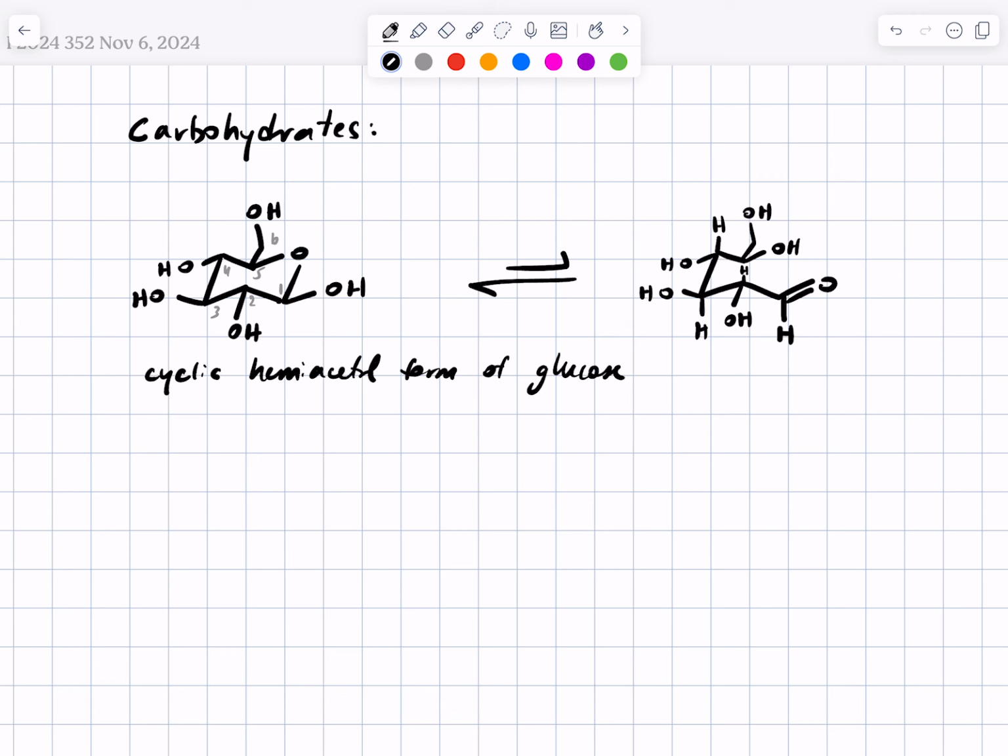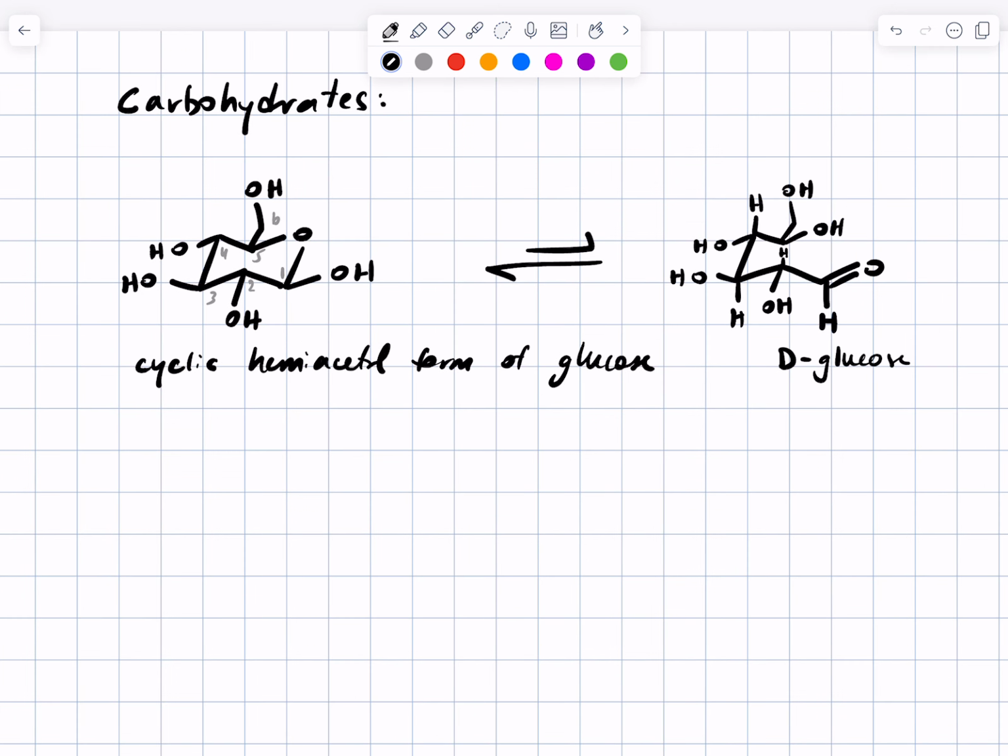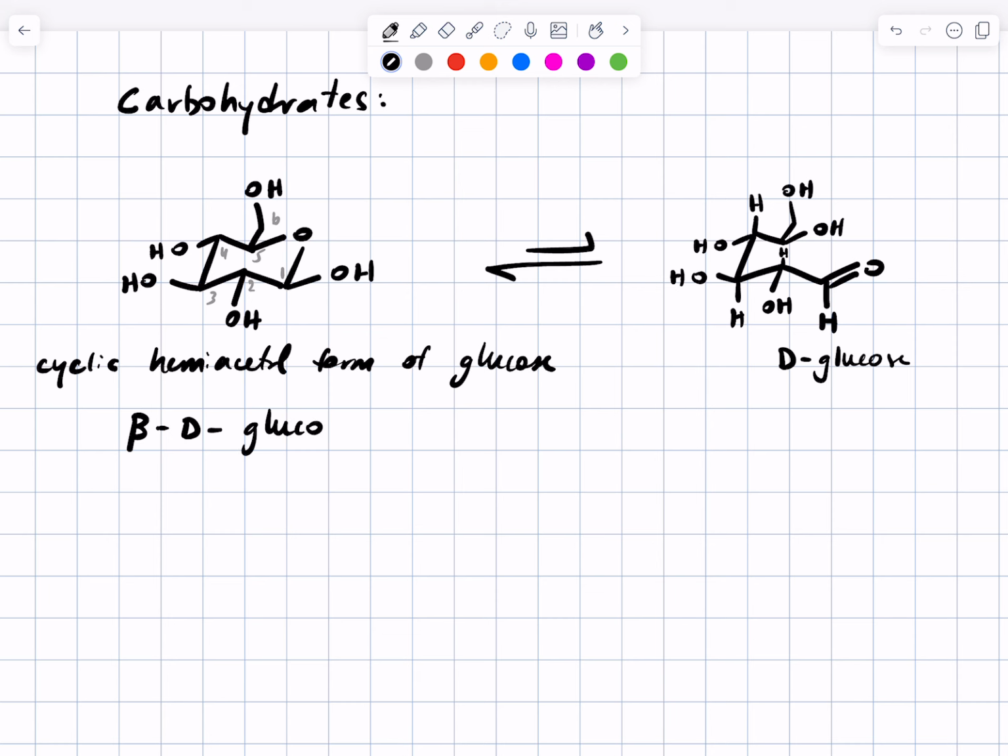The open chain form is called simply D-glucose. The cyclic hemiacetal form has a more complicated name than just the cyclic hemiacetal form of glucose. It is beta-D-glucopyranose.